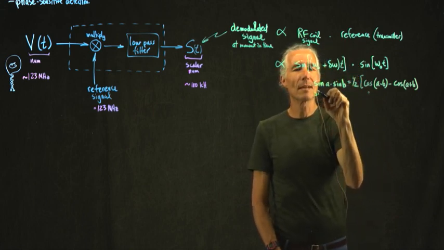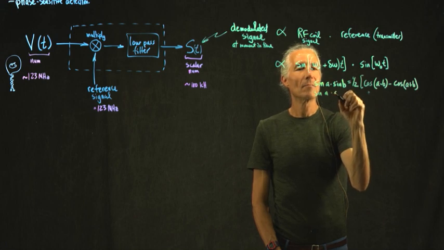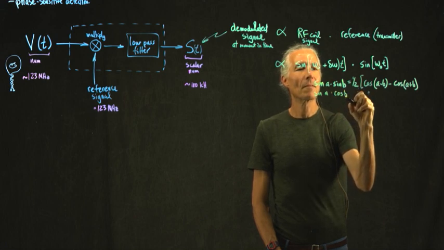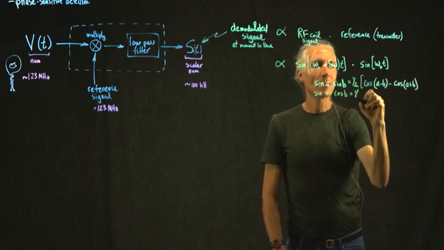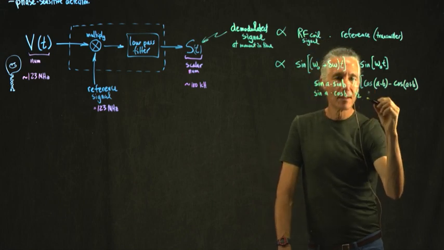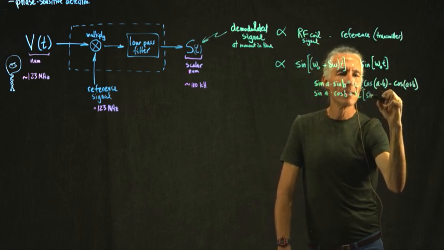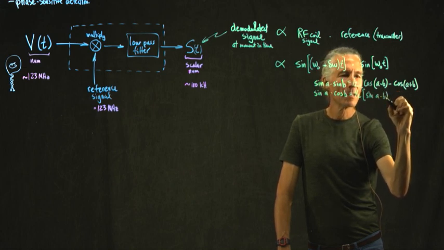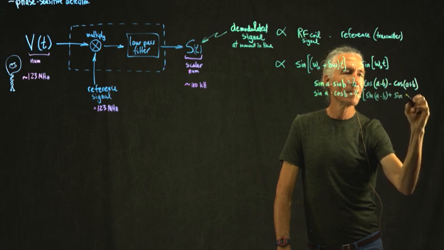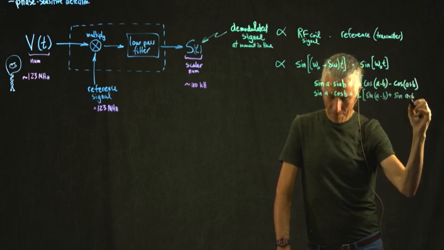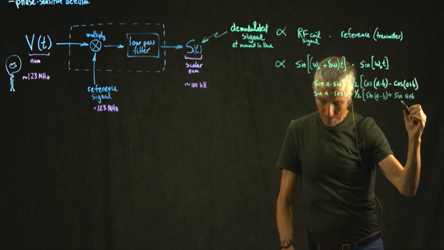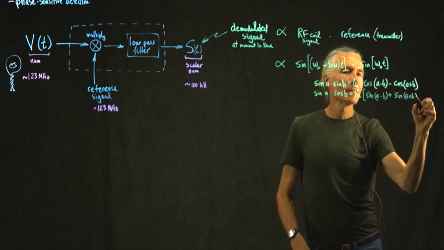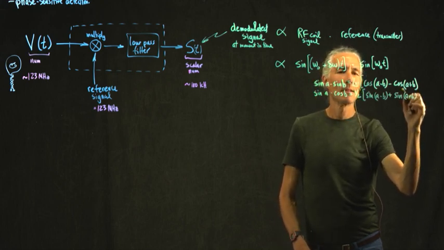What about sine A times cosine B? That's 1/2 sine A minus B plus sine A plus B. Oh, A plus B, yes, plus. Okay.